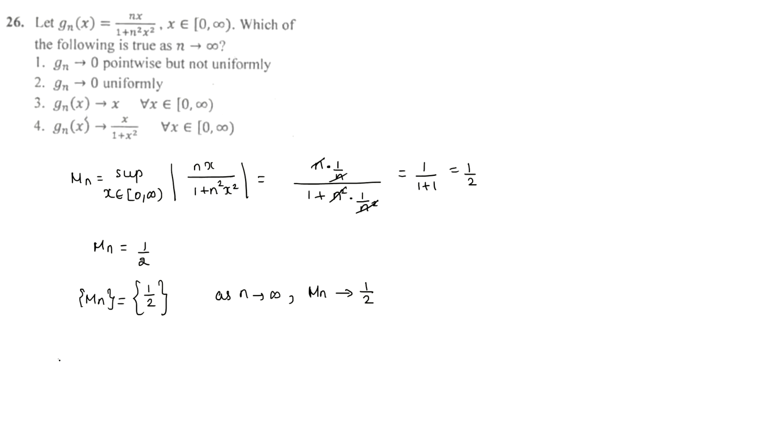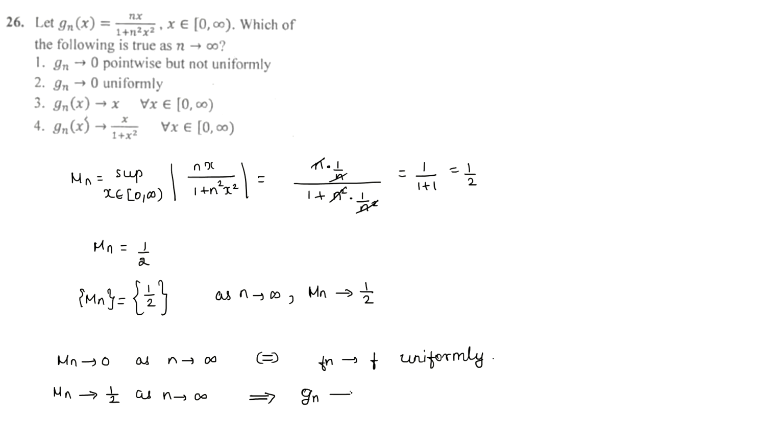The theorem was, mn tends to 0 as n tends to infinity if and only if fn converges to f uniformly. But here we are having mn tending to 1 by 2 as n tends to infinity. So this will imply that our sequence gn converges to 0 but not uniformly.